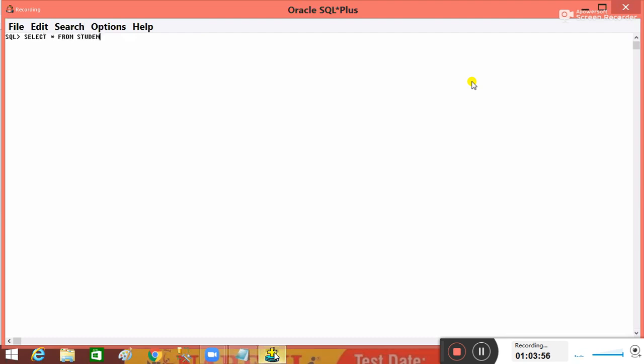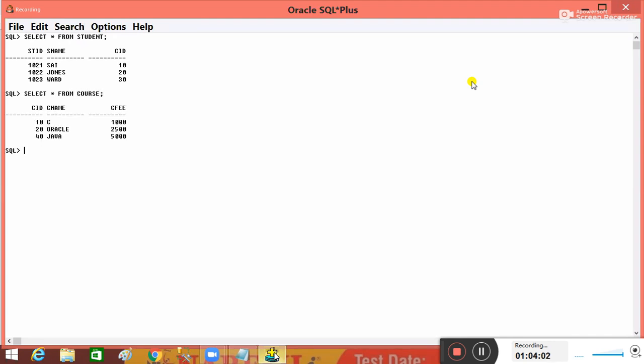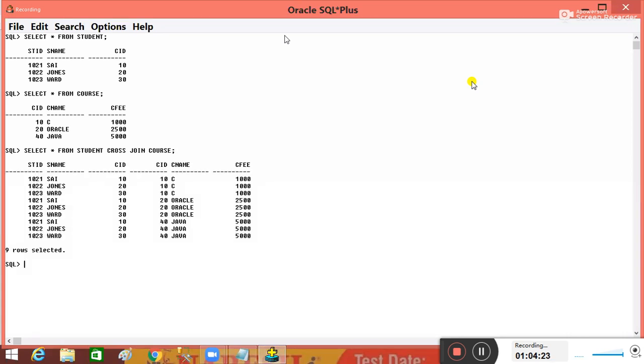Select star from student, and select star from course. The student table has 3 rows and the course table has 3 rows. Let me write cross join between these two: student cross join course, but I'm not writing any condition here.